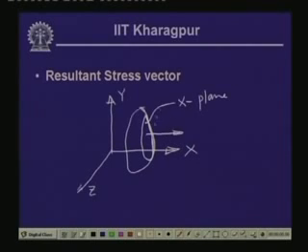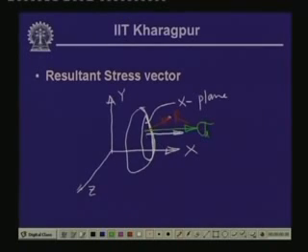Now, on this x plane, at a particular point, we have a resulting stress which we call R. If we take the components of this stress R in 3 perpendicular axis directions, then we have a stress acting in the direction of x, which is normal to this section, and as per the definition, this is the normal stress acting in the x direction.